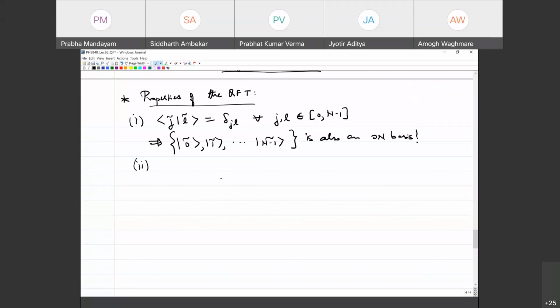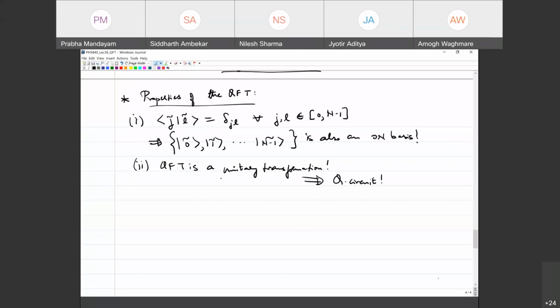Indeed, the QFT is a unitary transformation. It's simply a basis transformation. Obviously, any unitary transformation I should be able to break down into a quantum circuit, and that quantum circuit is what we will show on Friday.